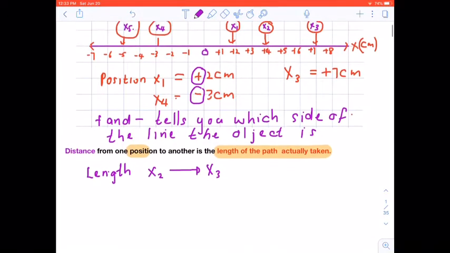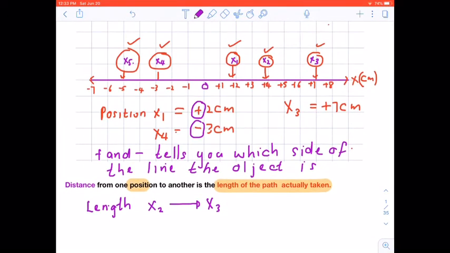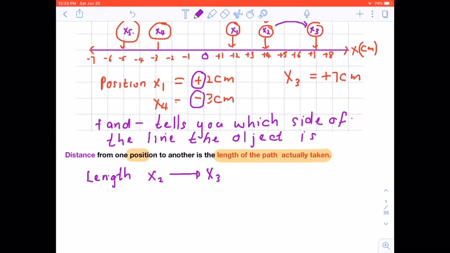It's moving from x2 to x3, and there the distance is equal to 3 centimeters, because it's plus 7 take away plus 4, so the distance from 4 to 7 is 3 centimeters.